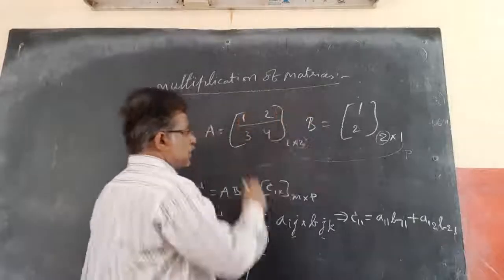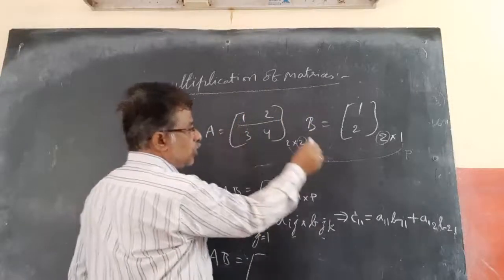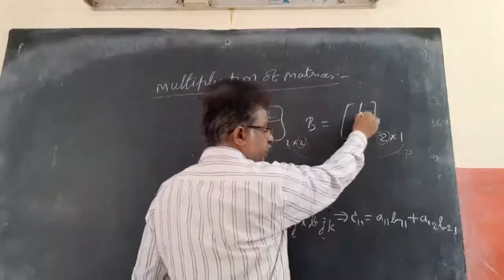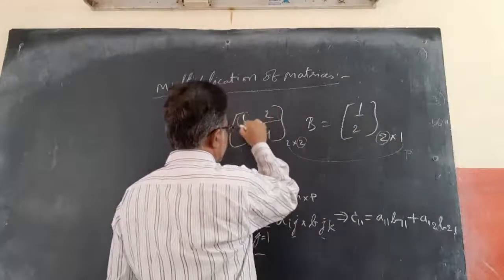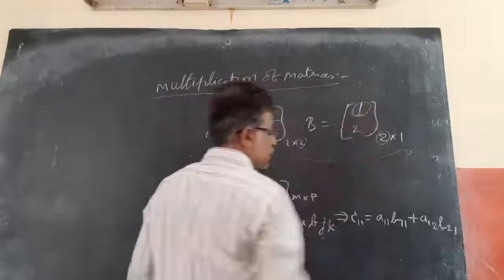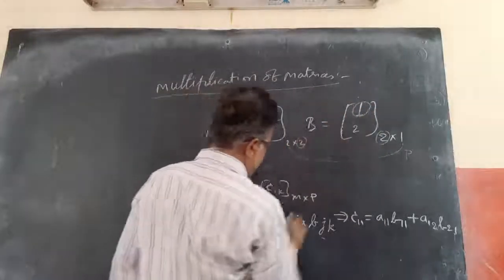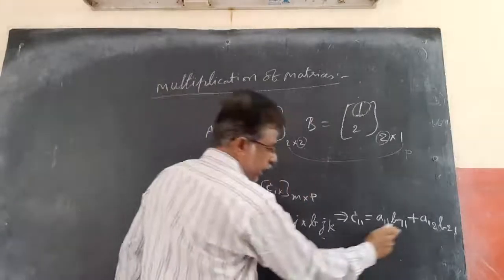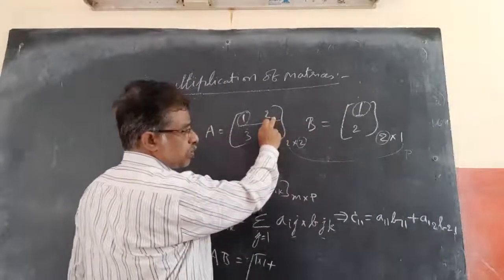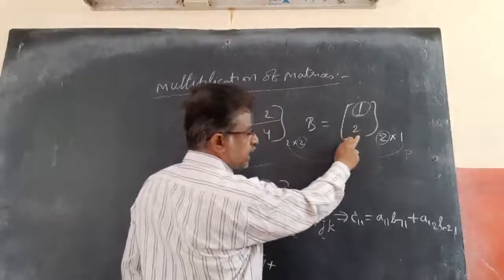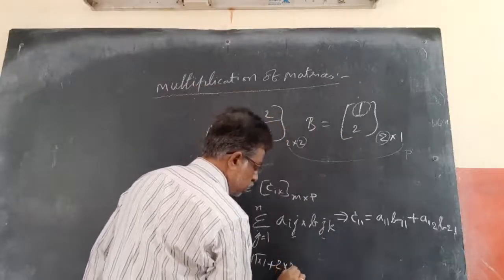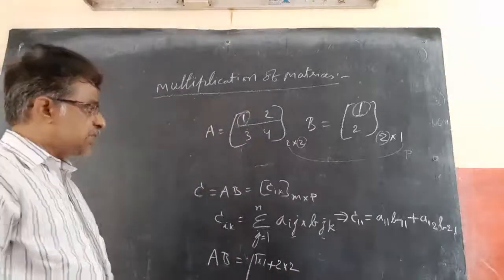So c11, the first row, first column element, you can simply understand: this is a11 into b11, first row, first column element. Multiply this with this, 1 into 1, plus again a12 and b21, second row first column element, 2 into 2, gives you c11.